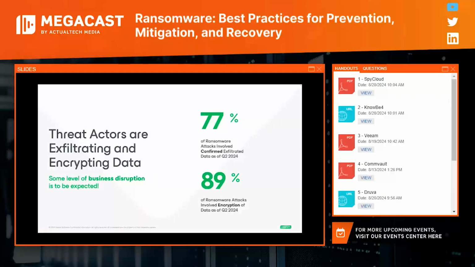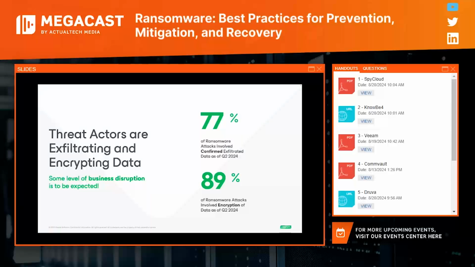Now, as an organization with an incident response capability, we also have a database of threat actors and their tactics and things that are going on, and we keep that up to date, and we'll produce a report on that frequently. So right now what we're seeing is that 77% of ransomware attacks involve confirmed exfiltration.